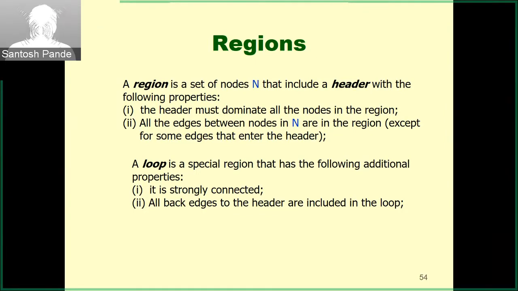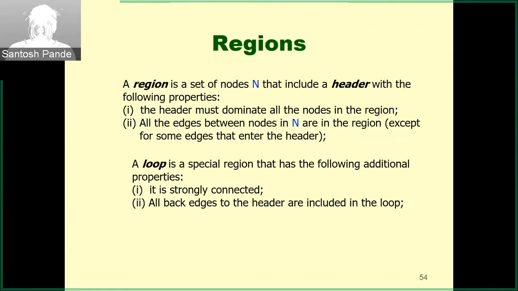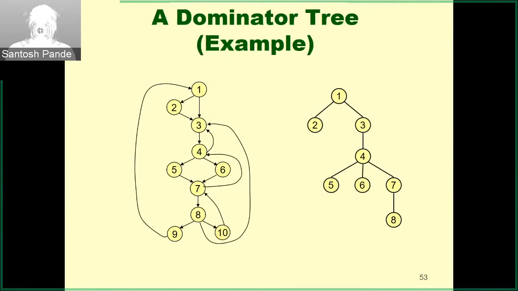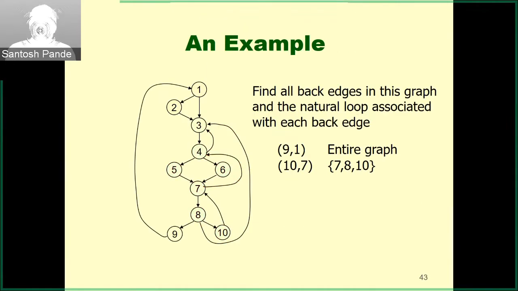And this is single entry, as I was mentioning. And the back edges of the loop are what are really defining this particular region. Now let us find this particular loop, which we had seen earlier in terms of how to go about finding it.